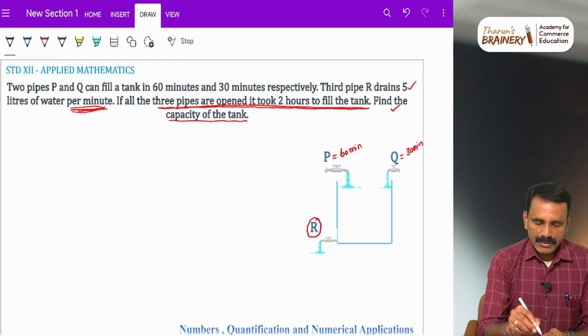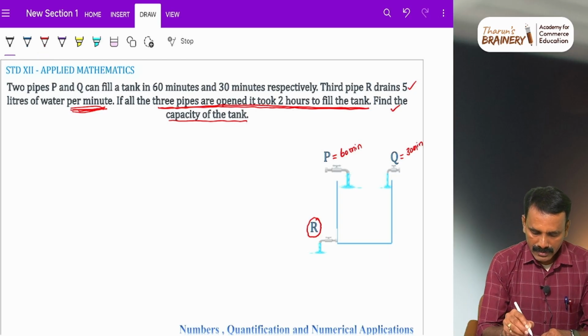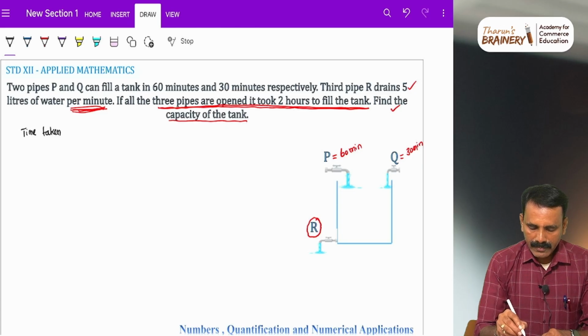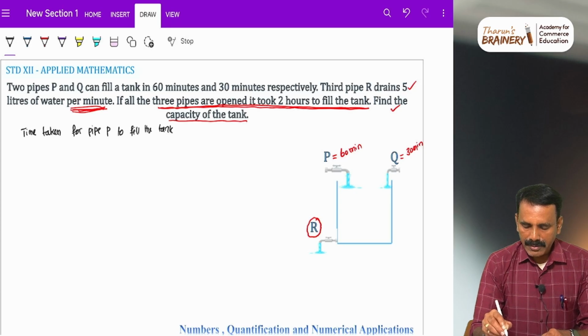Now, we start the solution. Time taken for pipe P to fill the tank. It is given to be 60 minutes.